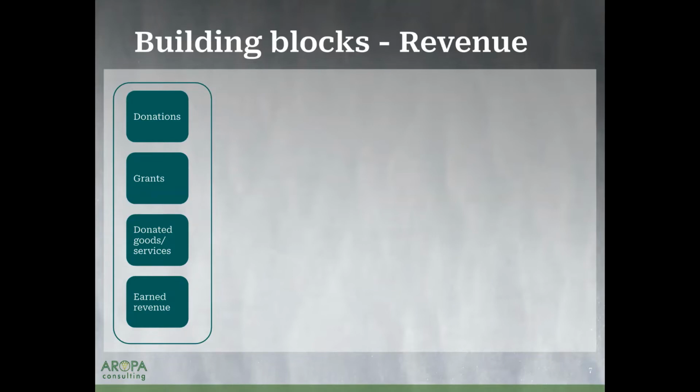There's also donated goods and services, right? So, those in-kind donations of maybe event space, or, like Goodwill, donating all of that furniture. That's donated goods. And then lastly, there's earned revenue. On another session, we were able to talk about and debunk the myth that nonprofits can't earn a profit. They can.